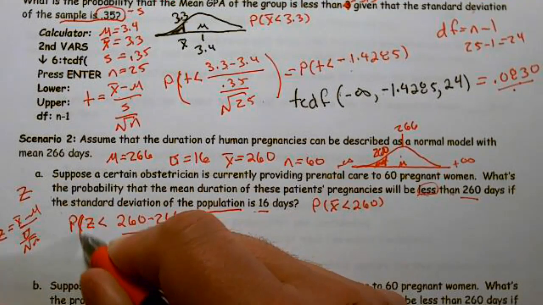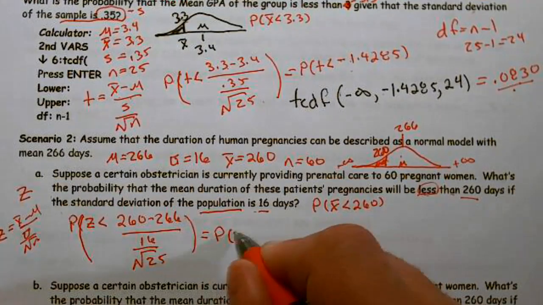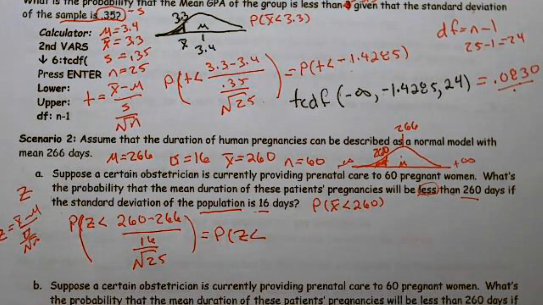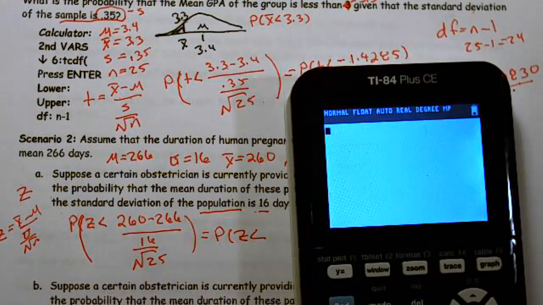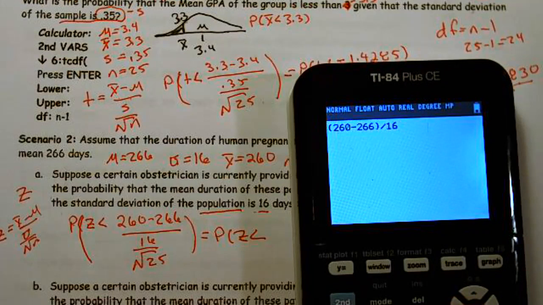Now, once again, we're going to need to be pretty careful with the calculator as we get our Z value. So let's calculate our Z value. I can go parenthesis 260 minus 266, close parenthesis, divided by parenthesis 16 divided by the square root of 25.